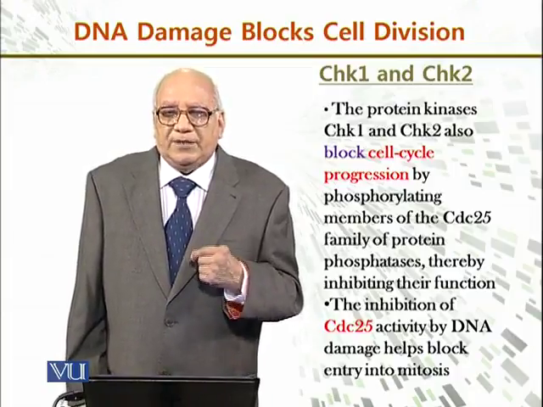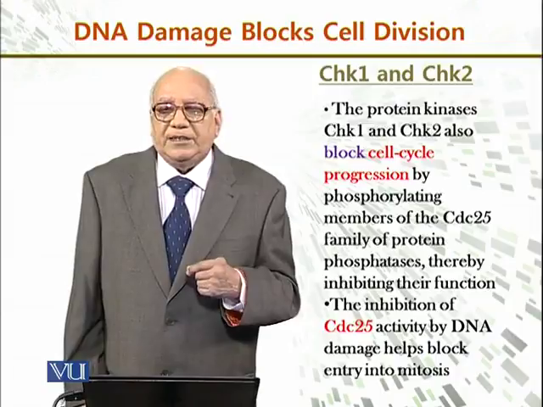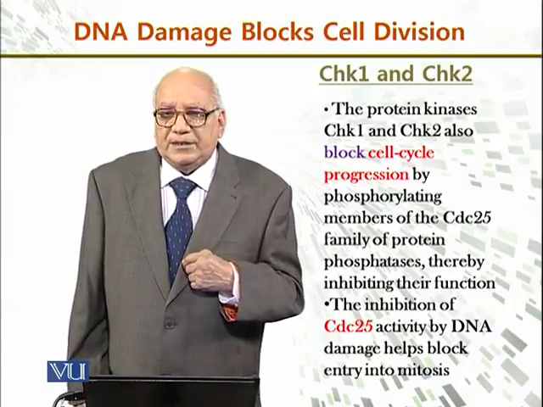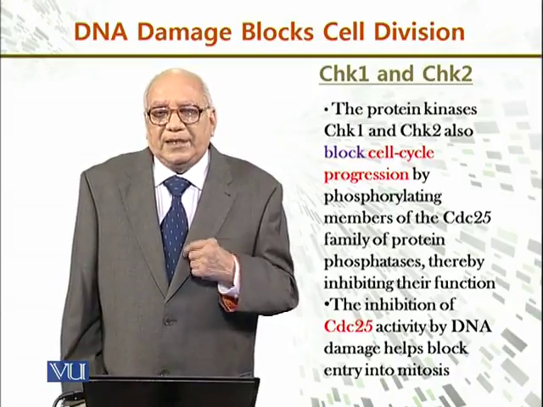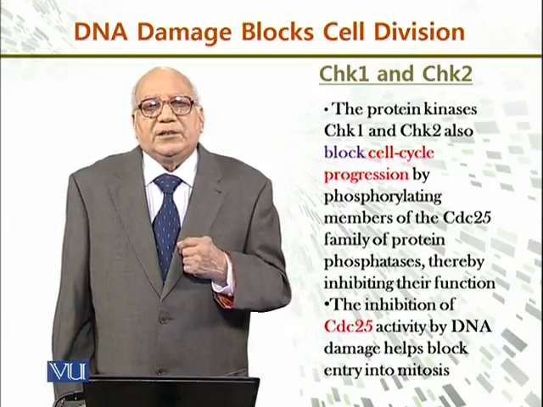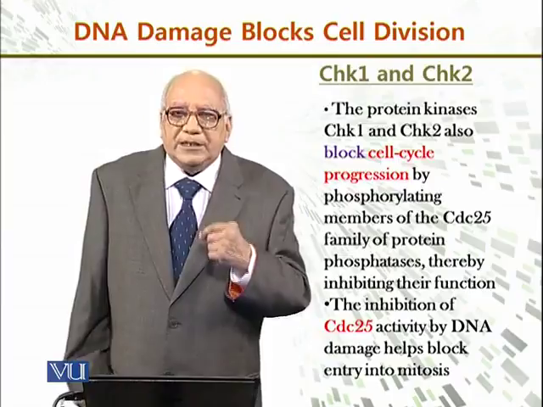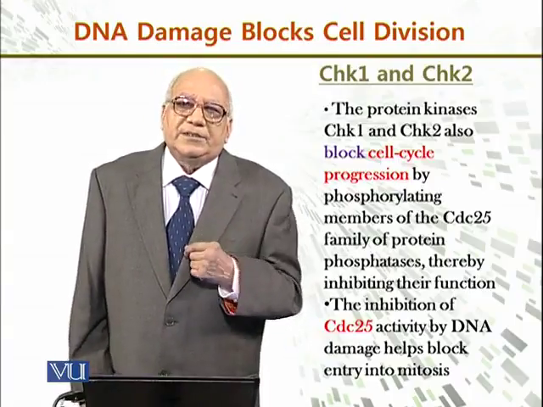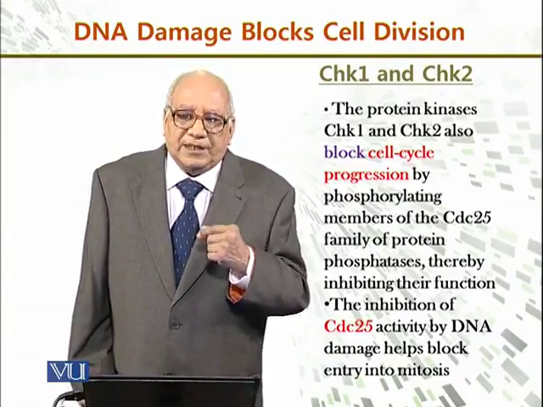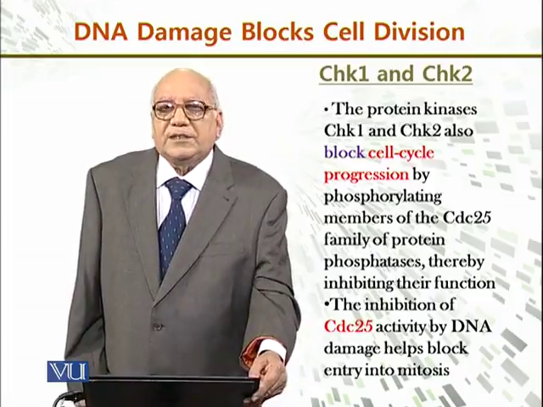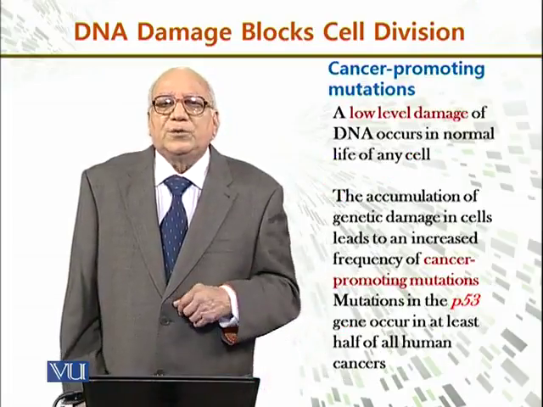The inhibition of CDC25 activity by DNA damage helps block entry into mitosis. So when mitosis entry is blocked, the cell cycle stops, because it is in mitosis that the cell divides into two parts.